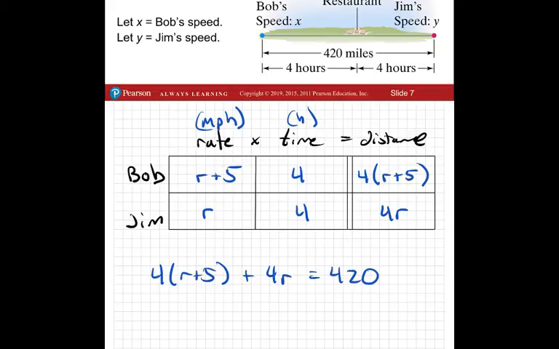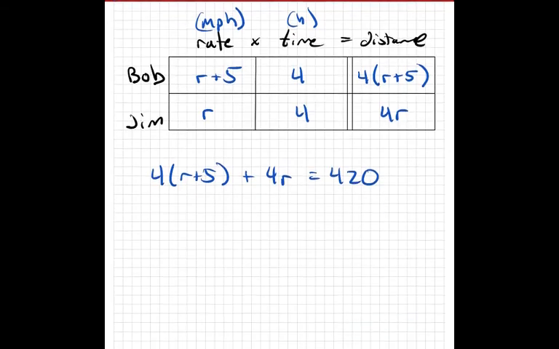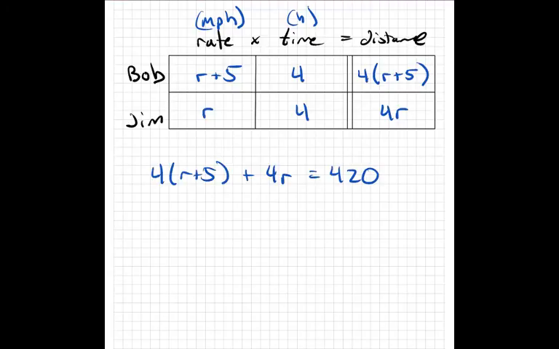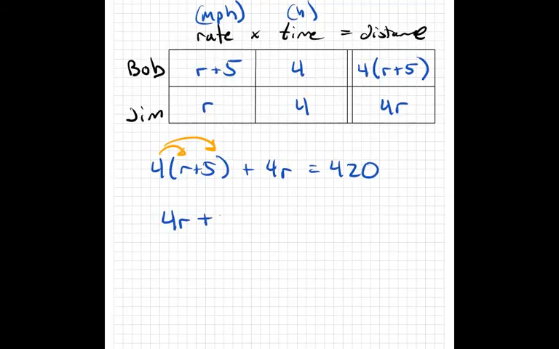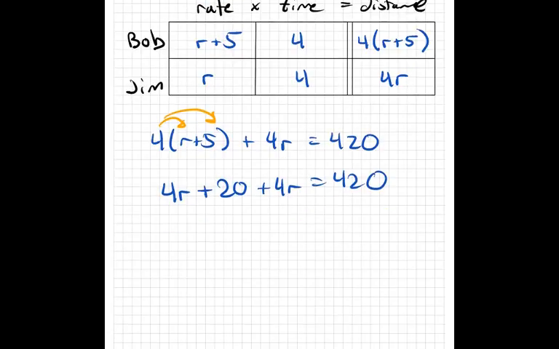So now we have one equation, one unknown, so we can solve. Let's start by distributing this 4. If we distribute the 4, we get 4r plus 20 plus 4r equals 420. 4r plus 4r is 8r plus 20 equals 420.